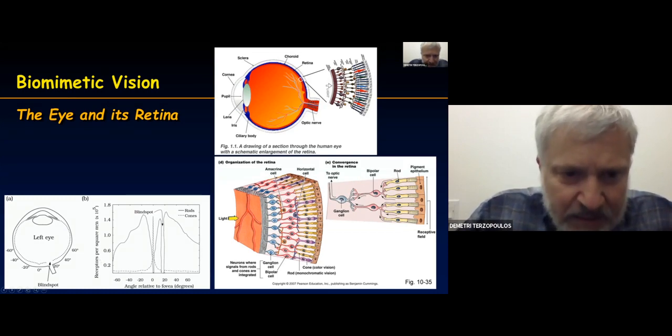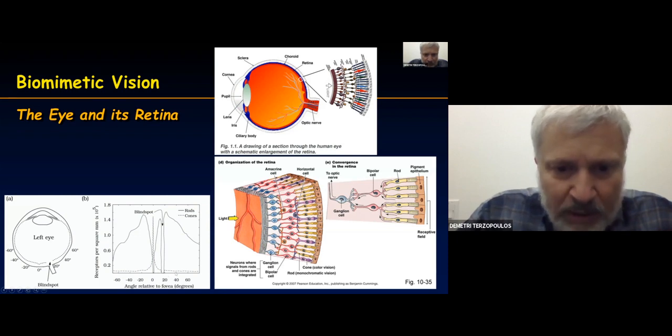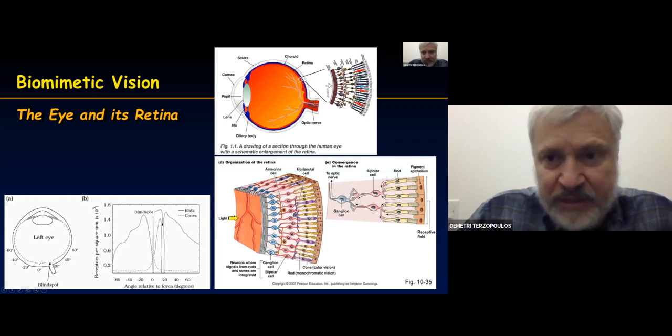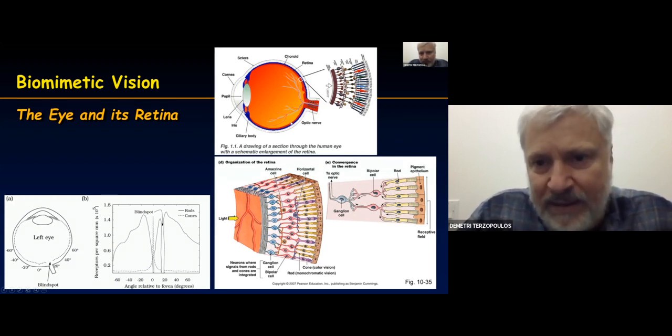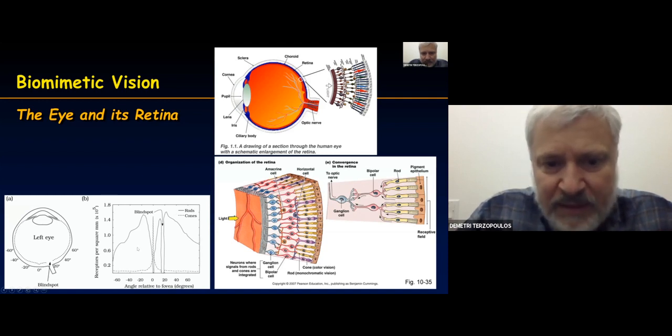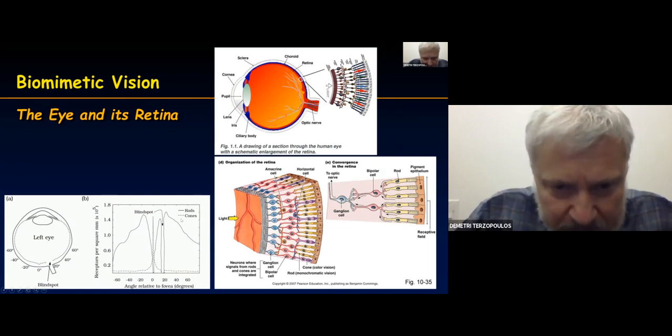This is showing density of photoreceptors relative to eccentricity away from the fovea. So 0 degrees is the fovea. And then as you go this way or that way along the retina, you have higher and higher eccentricity in terms of degrees. And you can see here that the cones are dotted.